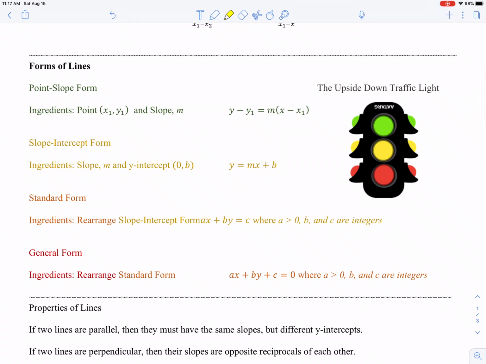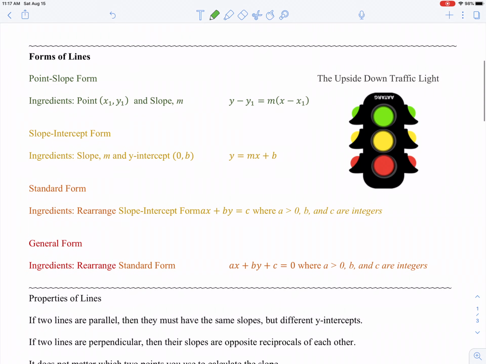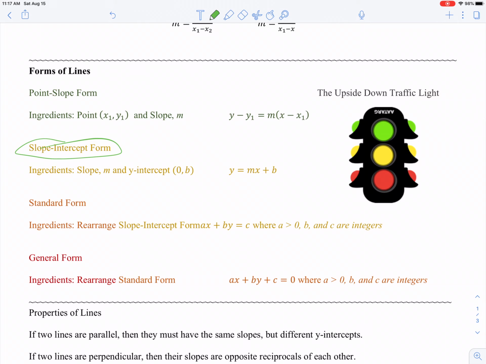We're going to be working a lot with forms of lines. I think everybody is really comfortable with slope-intercept form, which is your y equals mx plus b. The reason I have this upside down traffic light is that I actually think the order in which I've listed them here goes from easiest to hardest.